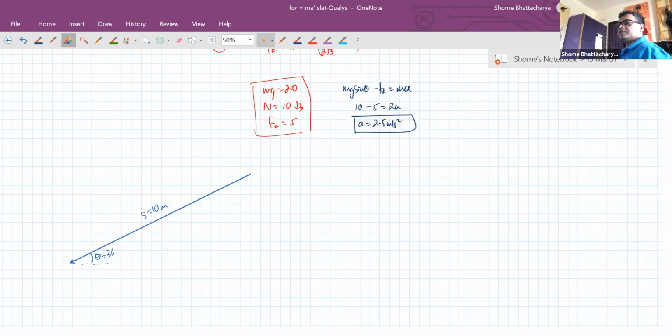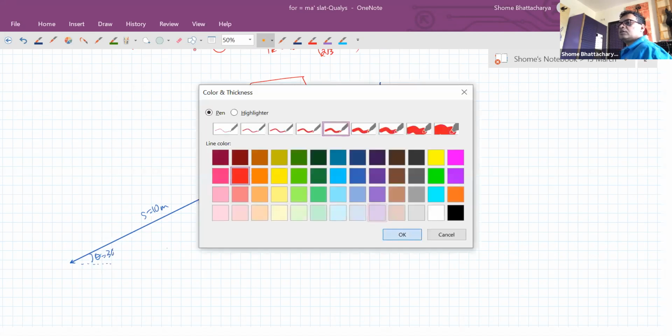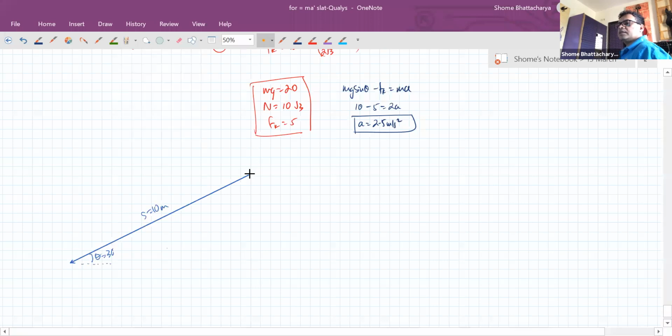So compared to the displacement vector, now our forces are like this. One of the forces, normal reaction, is like this, one of the forces, friction, is like this, and one of the forces, weight, is like this. So mg is 20 newtons, where this angle is 30 degrees, so this angle is 60 degrees.